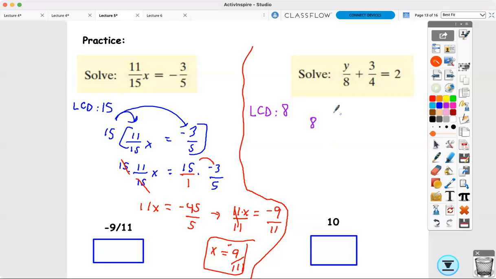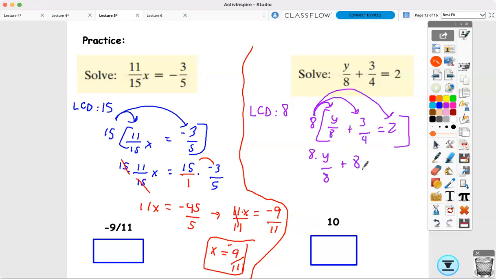So I'm gonna multiply 8 to the whole equation, y over 8 plus 3/4 equals 2. I'm gonna multiply 8 to all of these terms: one arrow here, this arrow here, and then an arrow to the right side with a 2. We're gonna multiply this across. So it's gonna be 8 times y over 8 plus 8 times 3 over 4 equals 8 times 2.